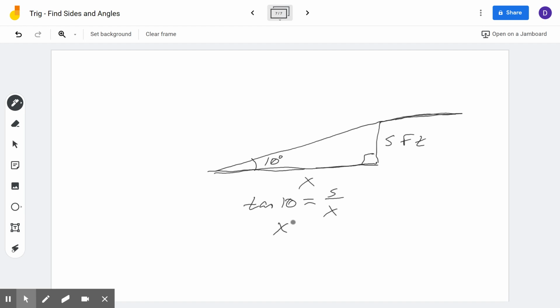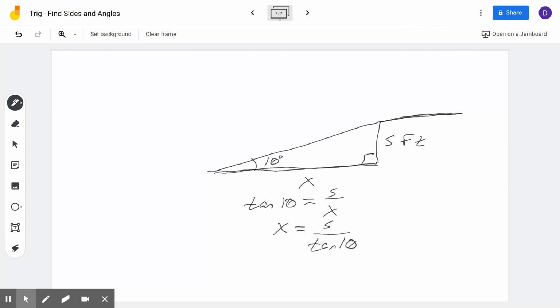Swap it and you get x equals 5 over tangent of 10. Do that on your calculator, however you can do it.